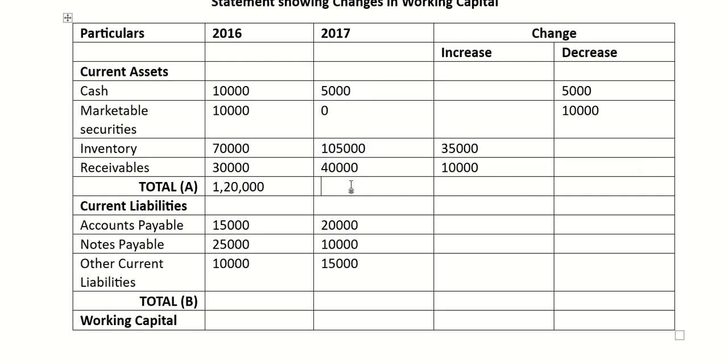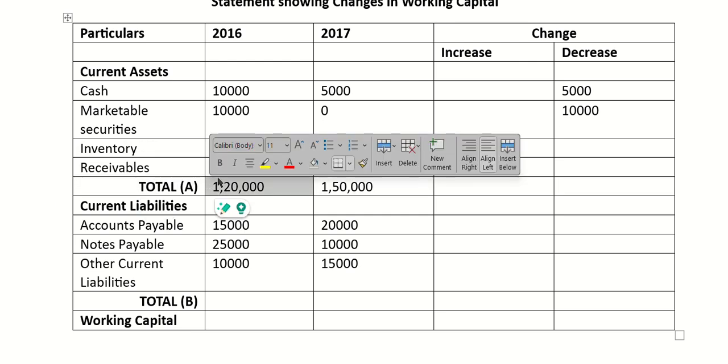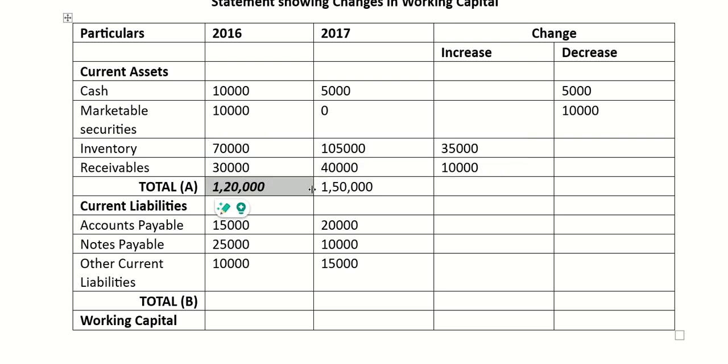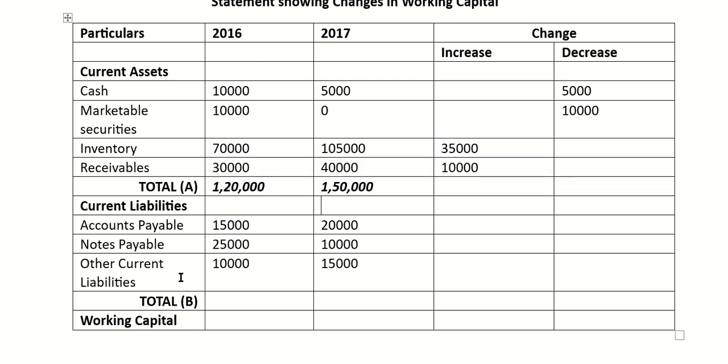It is 1,50,000. So in 2016, the total of current assets was 1,20,000. In 2017, the total of current assets was 1,50,000. Similarly, we are going to see the change in current liabilities, and finally, we will take the total of current liabilities in both years.